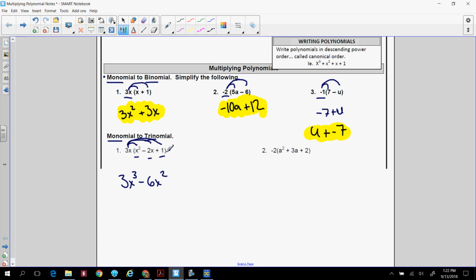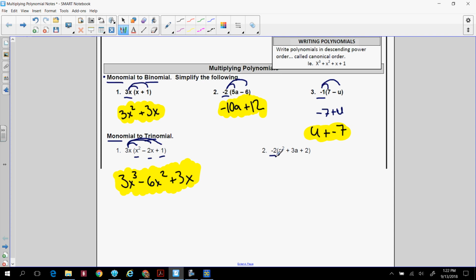Then, of course, 3x times 1 is 3x. Always go back and look at your answer. Are there any like terms that I can combine? There are not, so that should be my final answer.